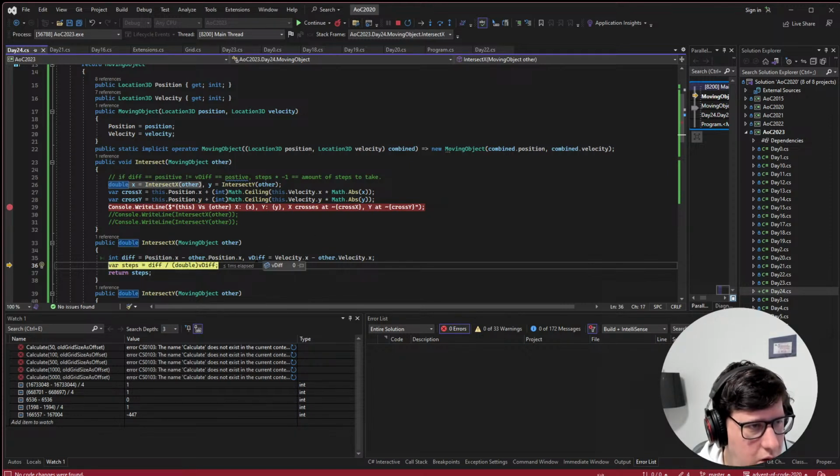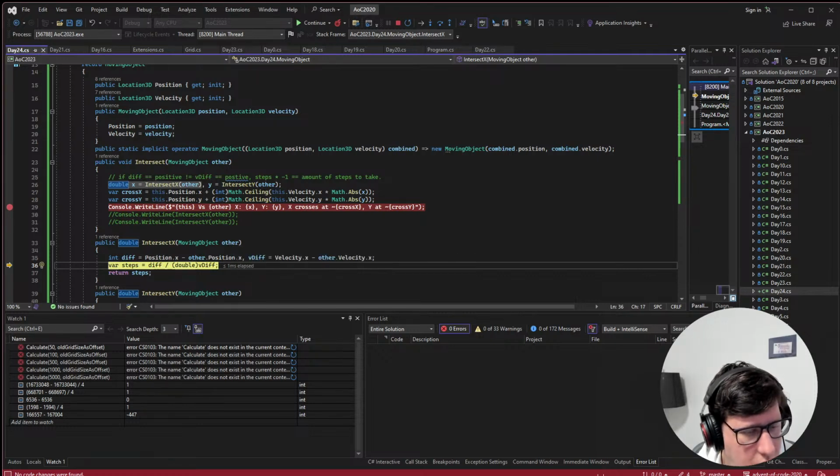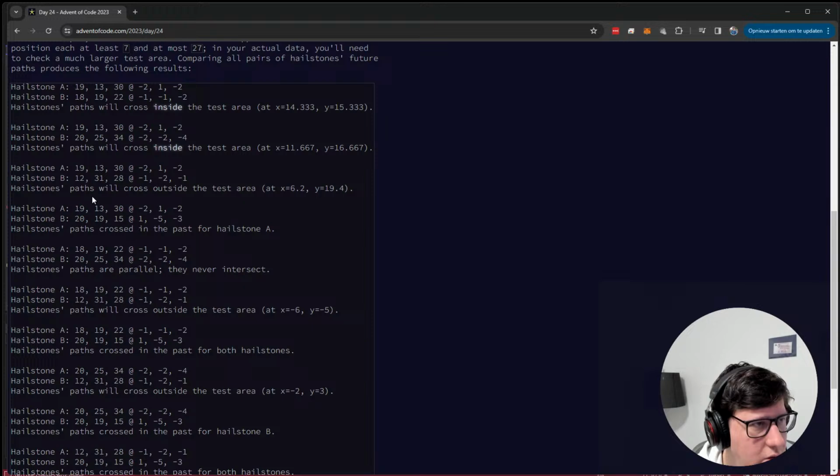So the difference is 1 and the v difference 2 and 2. Okay, so these will never. Wait, is this correct? Let's see. Yes, these will never. How come the x will intersect there? I'm missing something here.